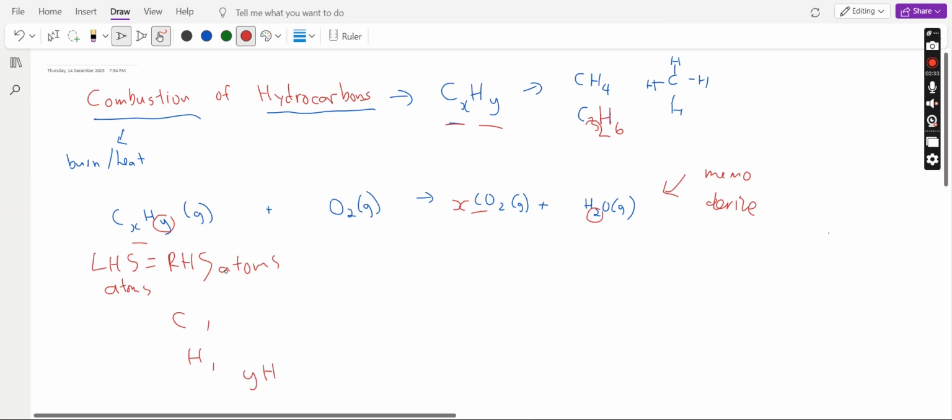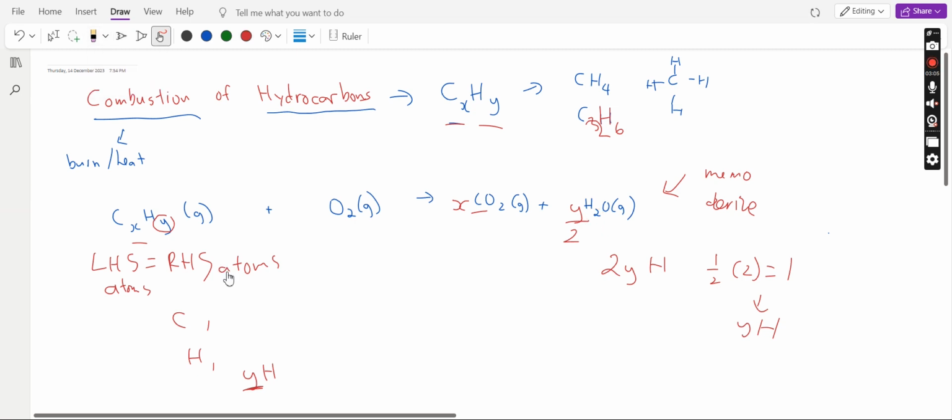If you just put y here, the y multiplied by the 2 leaves you with 2y hydrogen atoms instead of just y. So to cancel out the 2, you have to divide by 2. The 1 over 2 multiplied by the 2 will give you 1, so you end up back with y hydrogens. That's why here should be y over 2. Let me just erase the arrows.